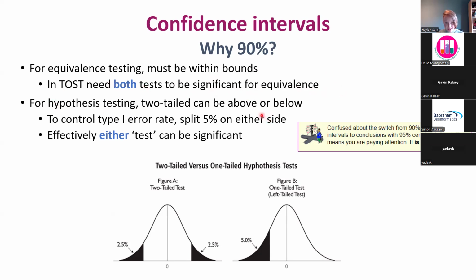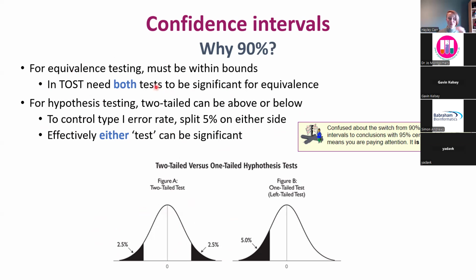For hypothesis testing, if you have a two-tailed test, which is usually what we do, we usually test for a difference in either direction, then it can be either above or below. And so to control our type 1 error rate, usually we split our 5% on either side, as you can see down here. I think sort of the easiest way that I can think of to get my head around this is that for equivalence testing, you sort of need both tests to be significant.